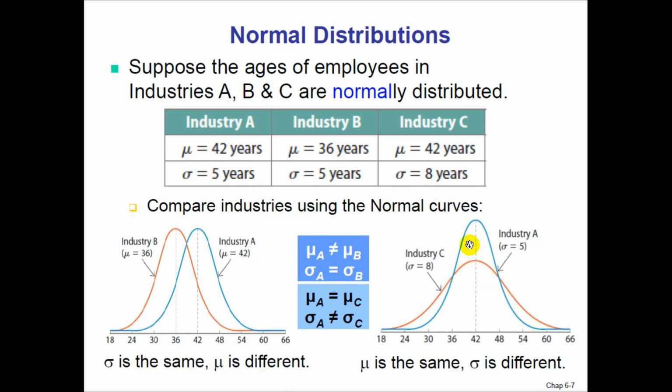Industry A, with the standard deviation of 5, has a higher peak, but industry C, with a bigger standard deviation, has a curve that is more spread out. At the center point, you can see their center location, the mean of 42 years, is exactly at the same point. So in other words, these two industries have the same mean value but different standard deviations.